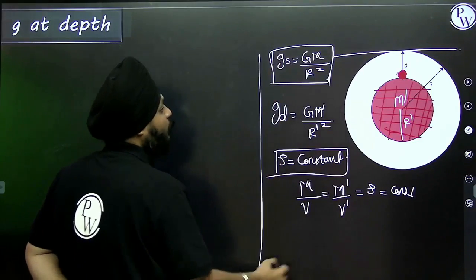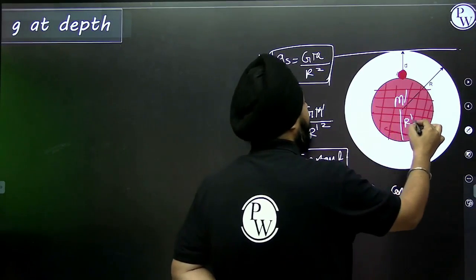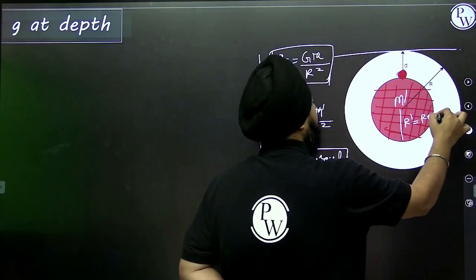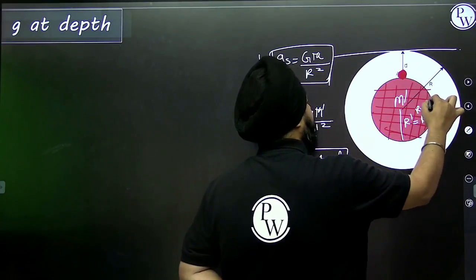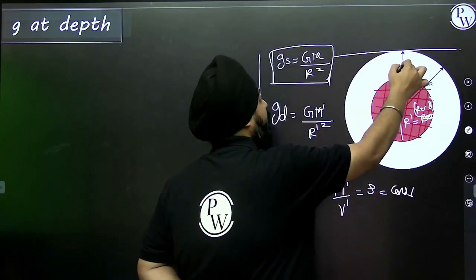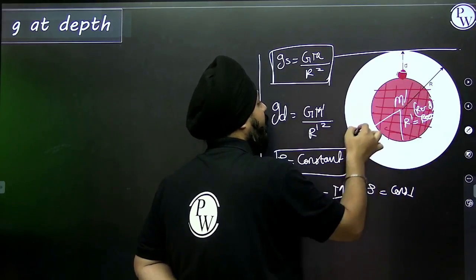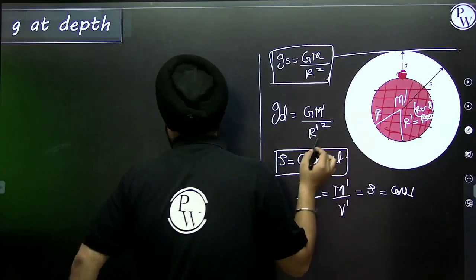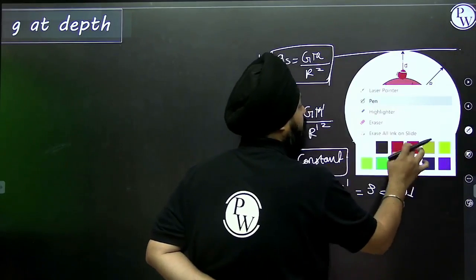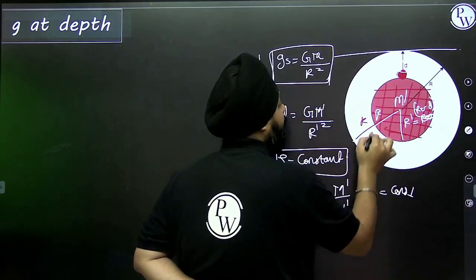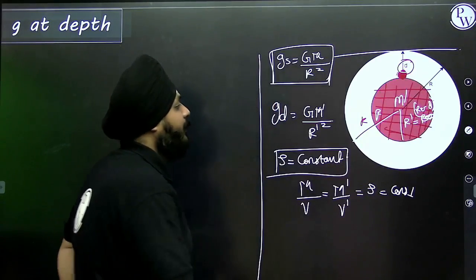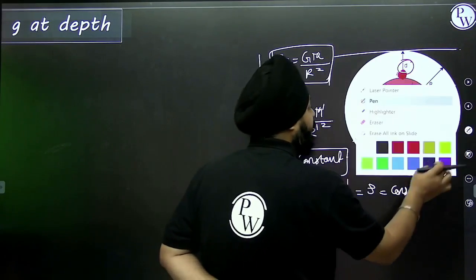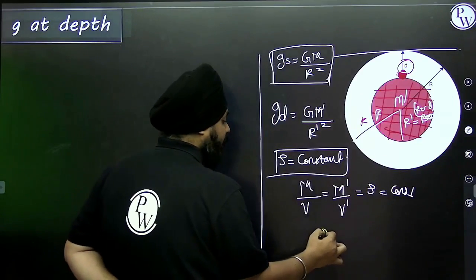So in this case, if I'm talking about this R dash, can I say it is Re minus d? Yes, I can say that, because this much is d and the entire thing is R, so this part will be R minus d. So in this case, what will be the value of M dash?